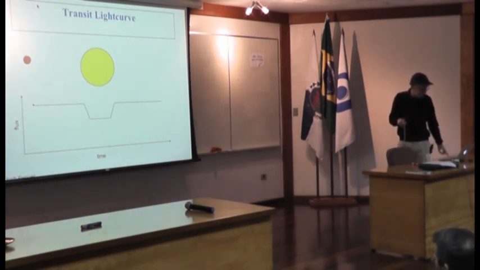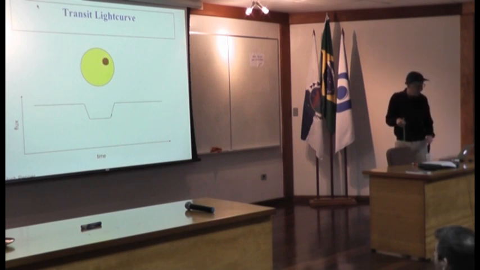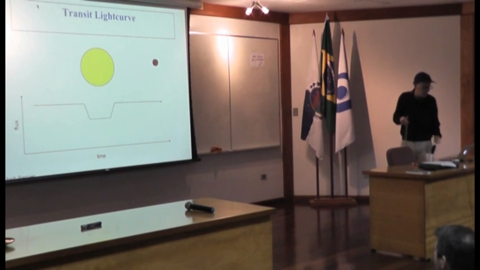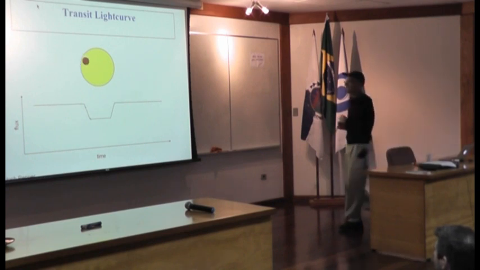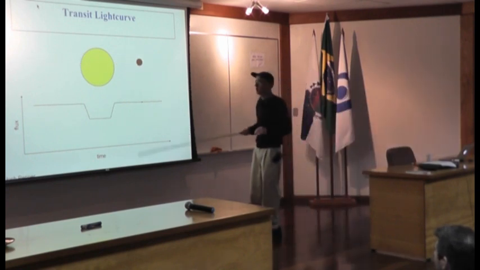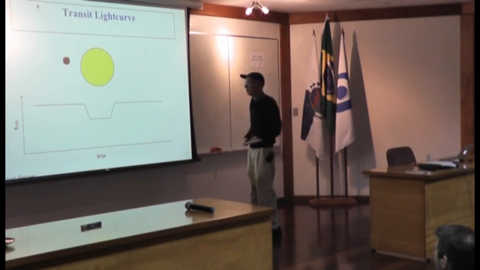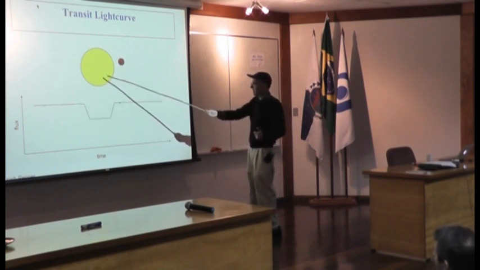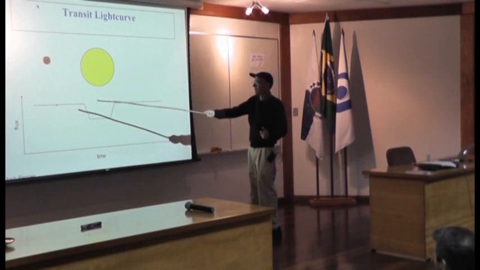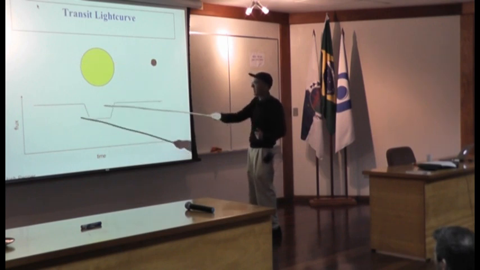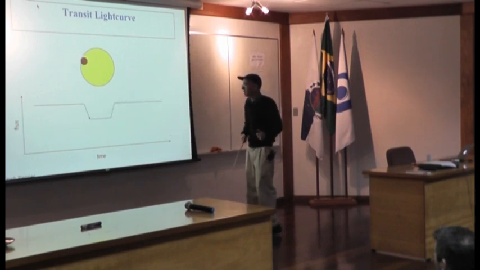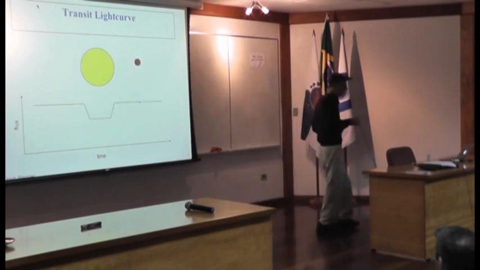Transits. We have a planet, we're in the orbit, and it moves across the star. Now we're not actually seeing it. What we are doing only is looking at the star. It looks like a point source of light, and the amount of light as a function of time drops when the planet is in front.